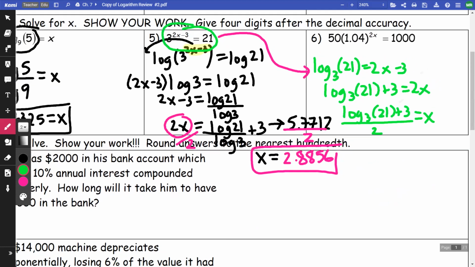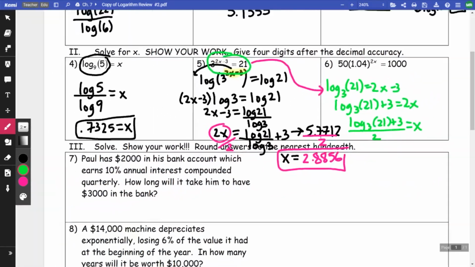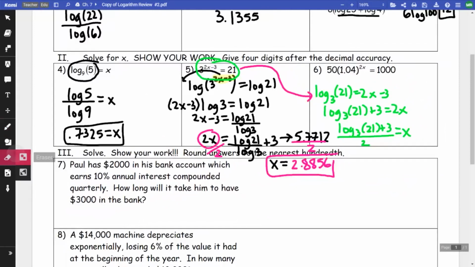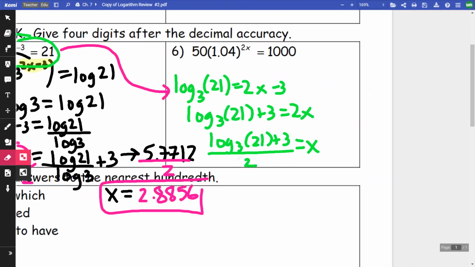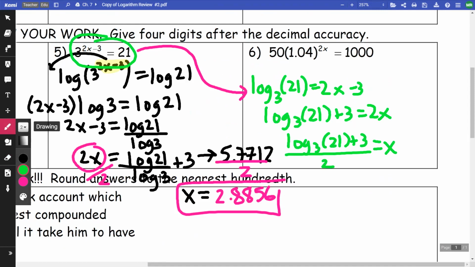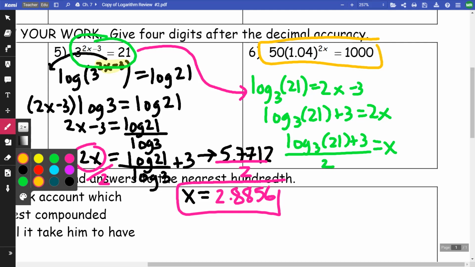Okay, on number 6. So let me just get rid of this. Or here, I'm going to do this. I am going to take this problem here and I'm going to work it out right here.